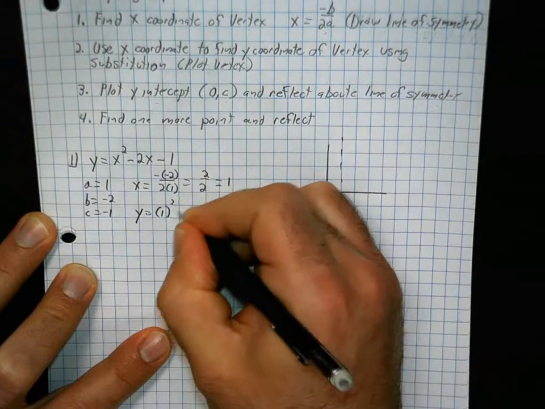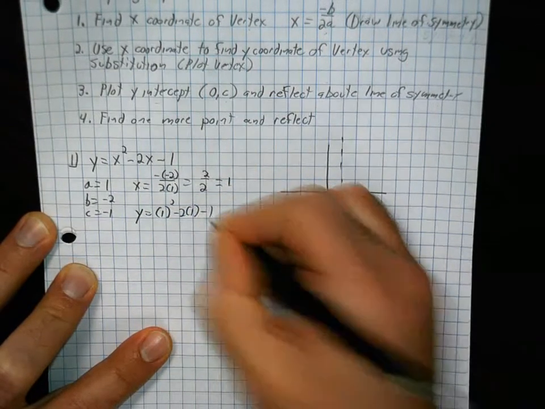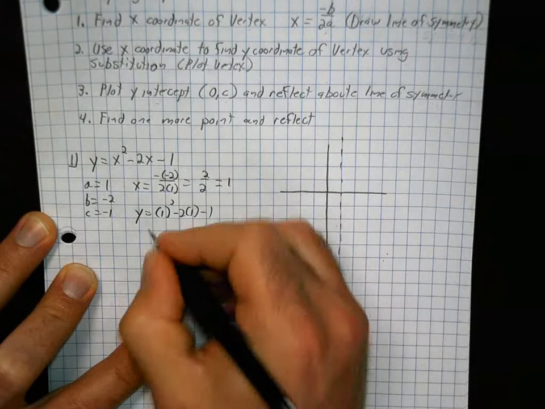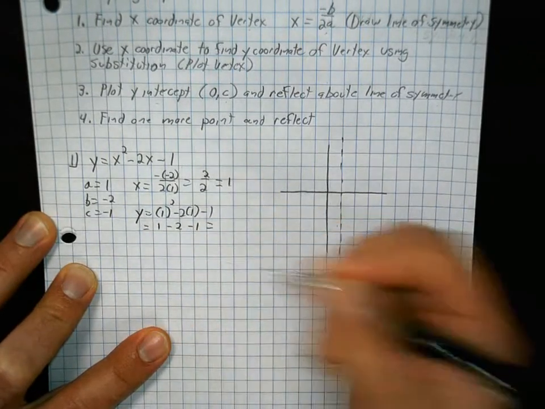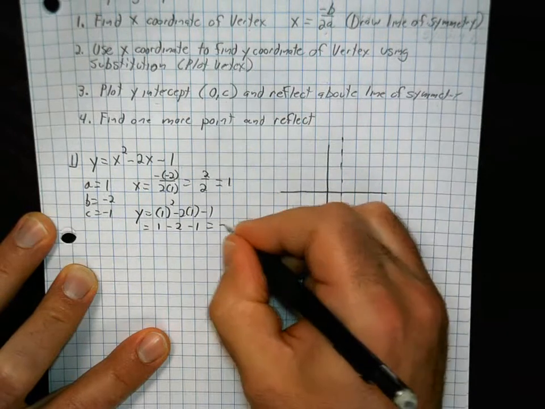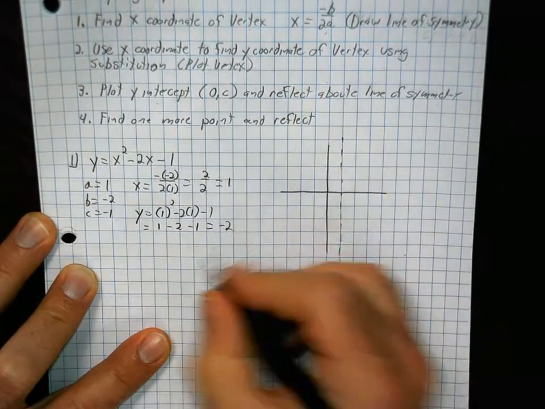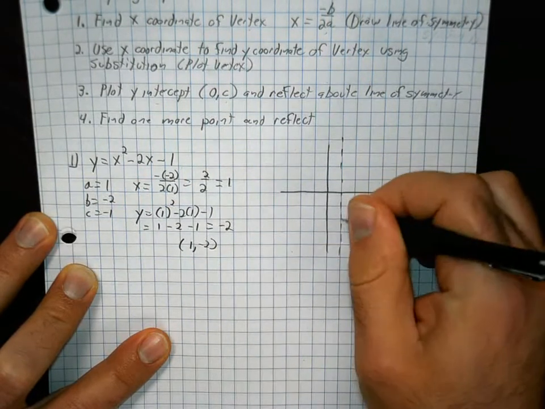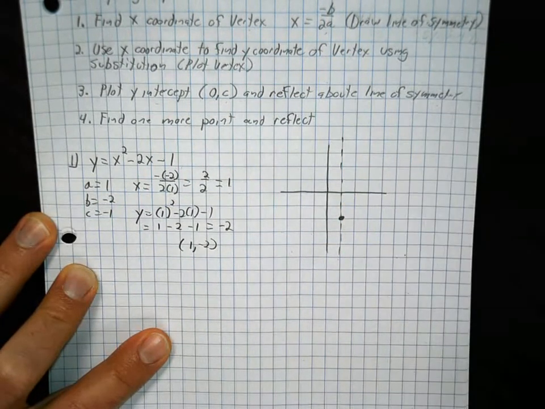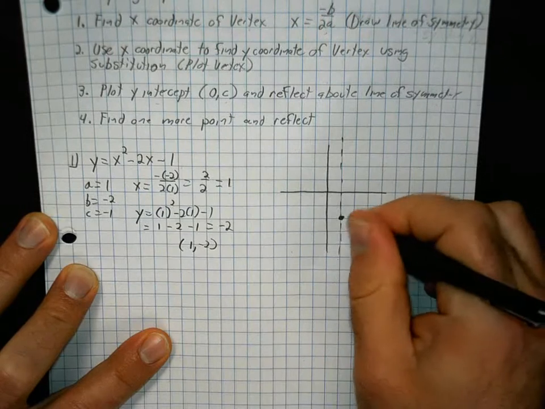Got 1 squared minus 2 times 1 minus 1. So I've got 1 minus 2 minus 1. I believe that is negative 2. So combining those, I have my vertex, which is 1, negative 2. So there's my vertex, plot my point there. I'll label that 2.